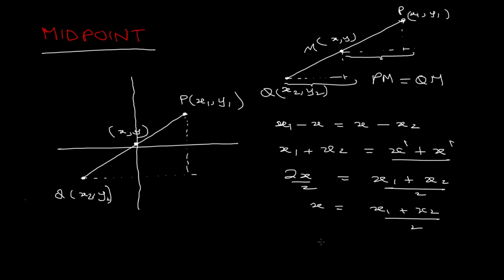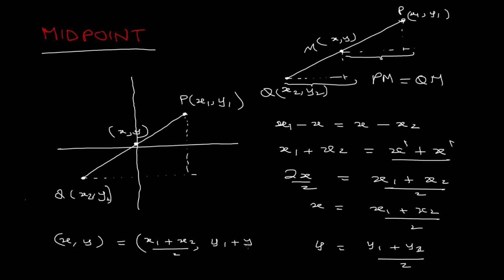And y can be dealt with in the same way. It gives you y1 plus y2 over 2, meaning that the midpoint itself, x, y, is equal to x1 plus x2 over 2, then the y value, y1 plus y2 over 2.